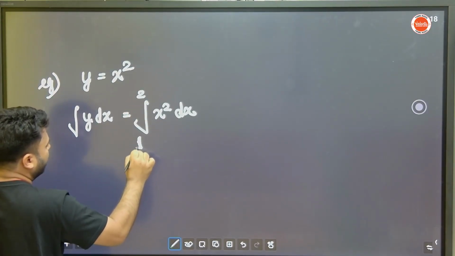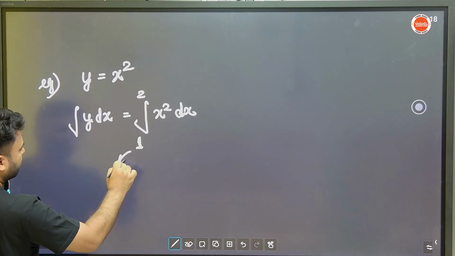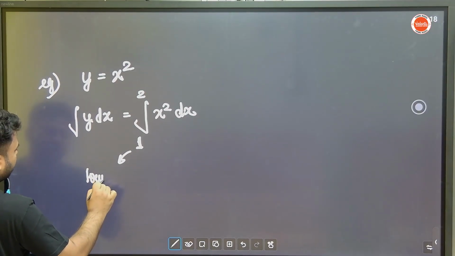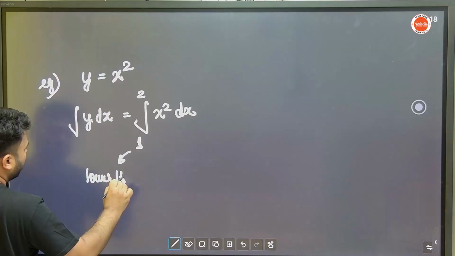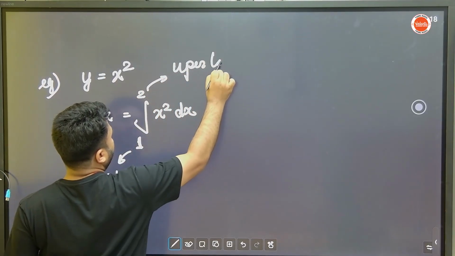We are integrating from 1 to 2. This one is called lower limit. Lower limit. This 2 is called upper limit. Upper limit.